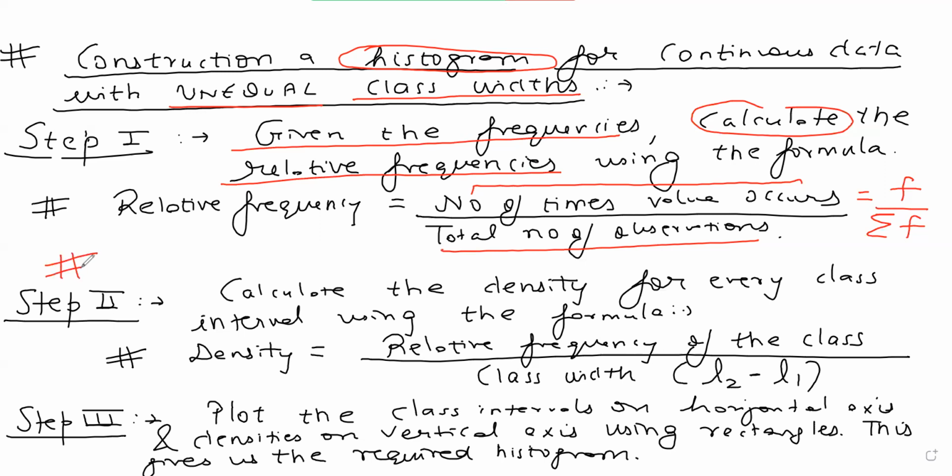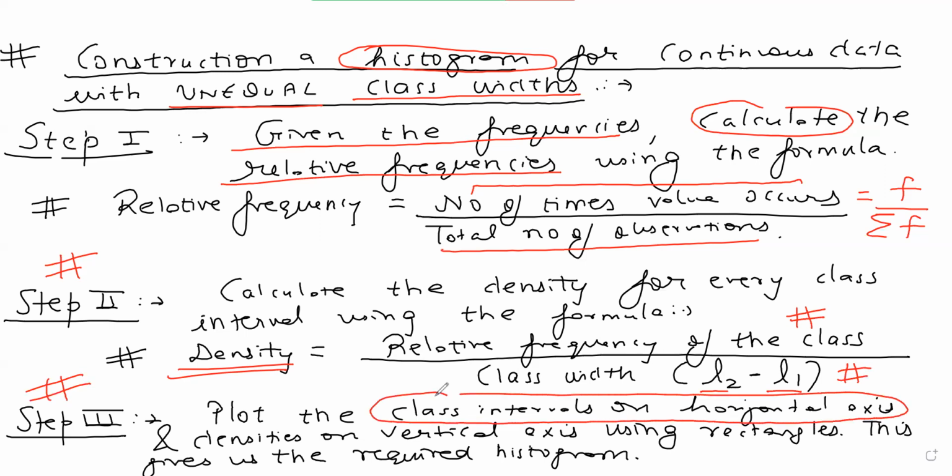So f upon summation f gives me the relative frequency. Step number 2, once I've calculated the relative frequencies, I now calculate the density. Density is nothing but the relative frequency of the class divided by the class width. Class width is the upper limit minus the lower limit. Step number 3, on a graph paper, I'm going to plot the class intervals on the horizontal axis and densities on the vertical axis.